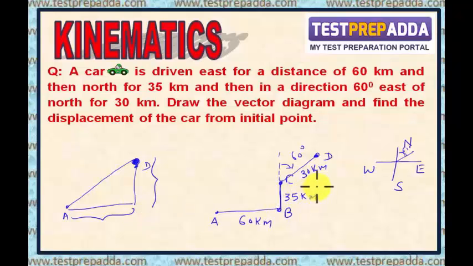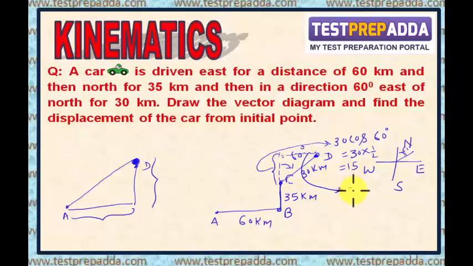For that, what will you do? We are aware of this 30. If we find this, what will this be? The value will be 30 cos 60 degree. So it will be 30 into half, and that is 15 kilometer. And what will this distance be?